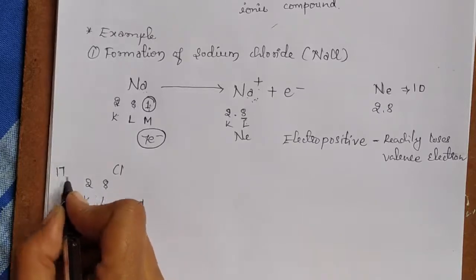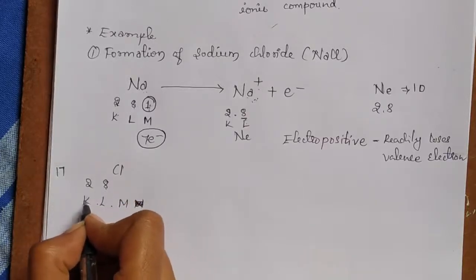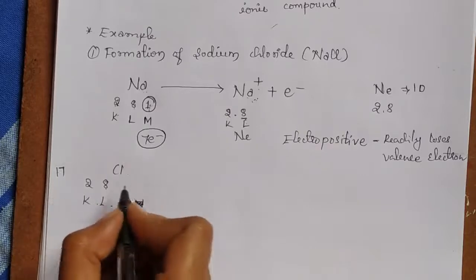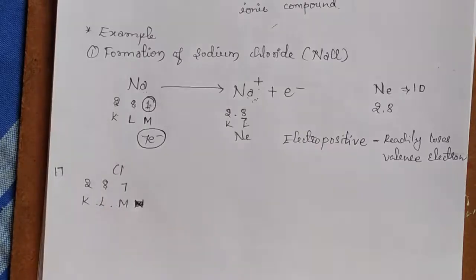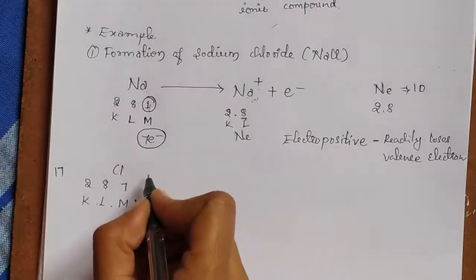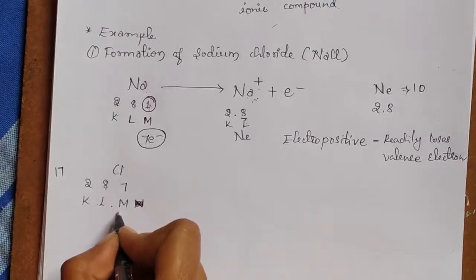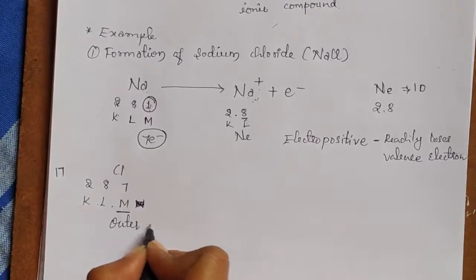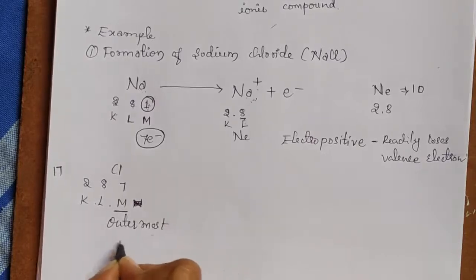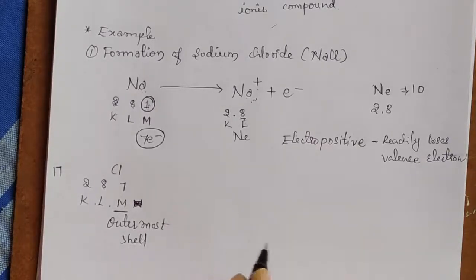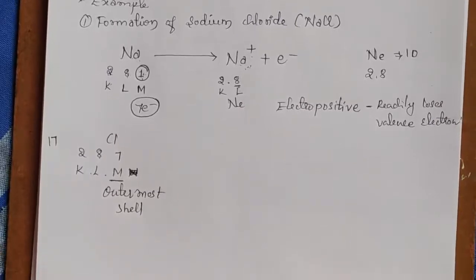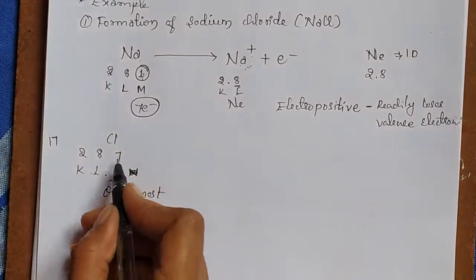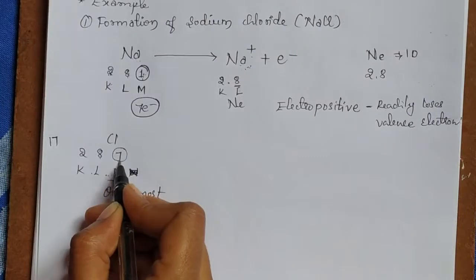Out of 17, 10 electrons are placed in the K and L shells and the remaining 7 are placed in M. The M shell is the outermost shell, and in the outermost shell chlorine has 7 electrons.